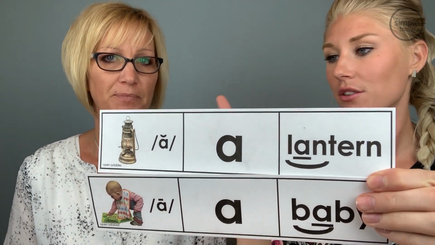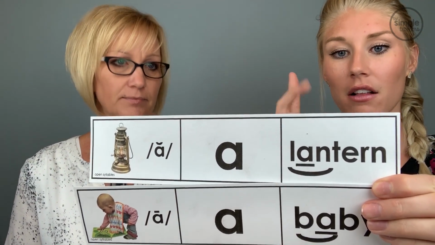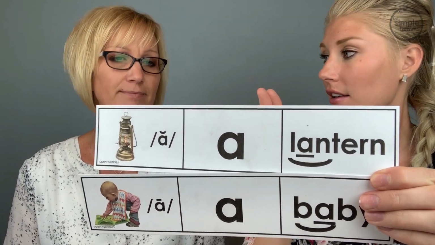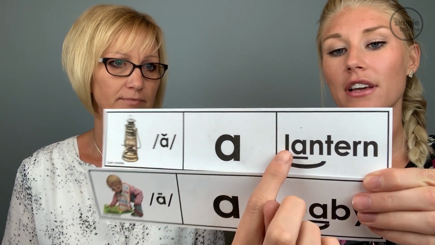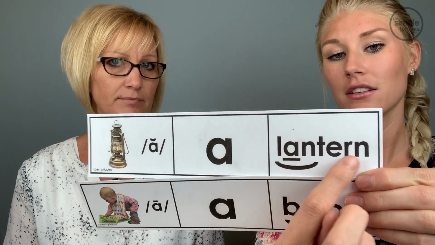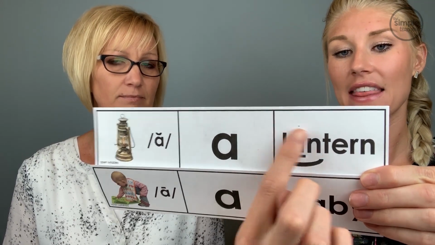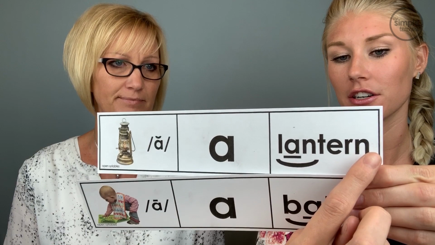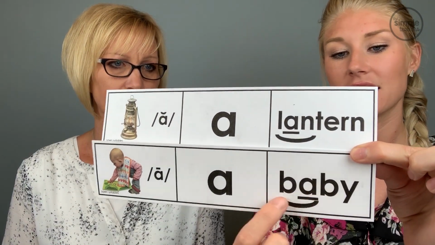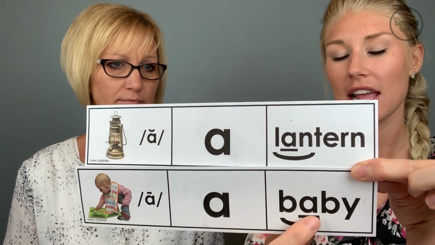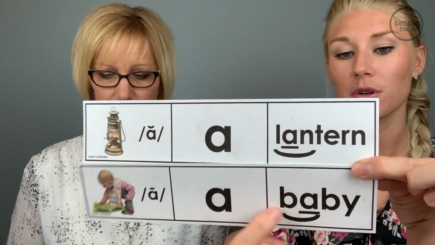So it goes back into what we use all the time: short vowel, long vowel, schwa. And so then they can know, oh, okay, that first syllable, lantern, didn't work. Lan, that's the first syllable. Lantern. Same with baby. Didn't work. Babby. So I'm going to try A. Bay is the first syllable. Baby.